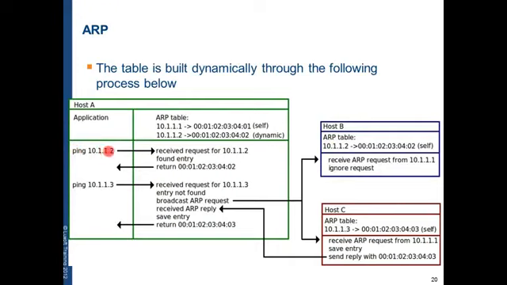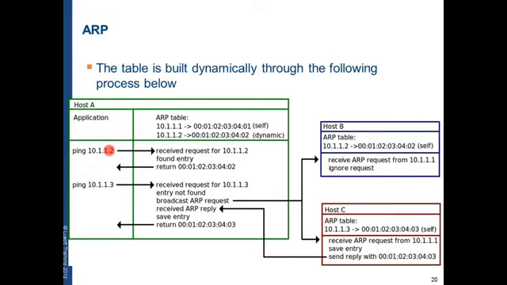So we have this application which wants to access 10.1.1.2. At this point, the application searches in the ARP table. The ARP table receives the request for this IP. It finds the entry here, and it is returned to the application.